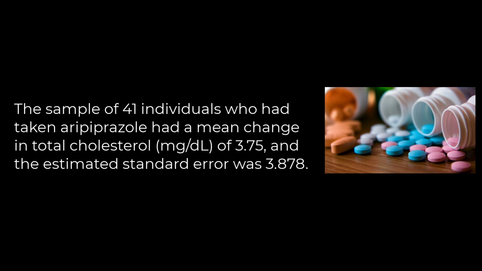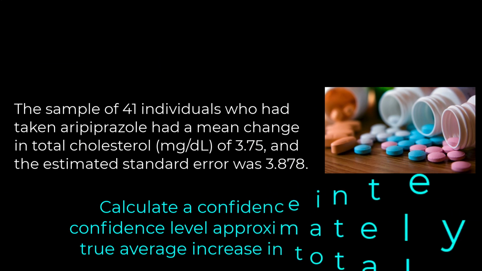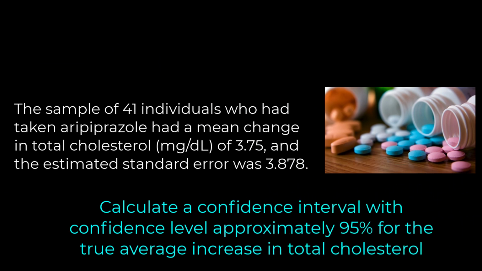The sample of 41 individuals who had taken aripiprazole had a mean change in total cholesterol in milligrams per deciliter of 3.75, and the estimated standard error was 3.878. We want to calculate a confidence interval with confidence level approximately 95% for the true average increase in total cholesterol under these circumstances.